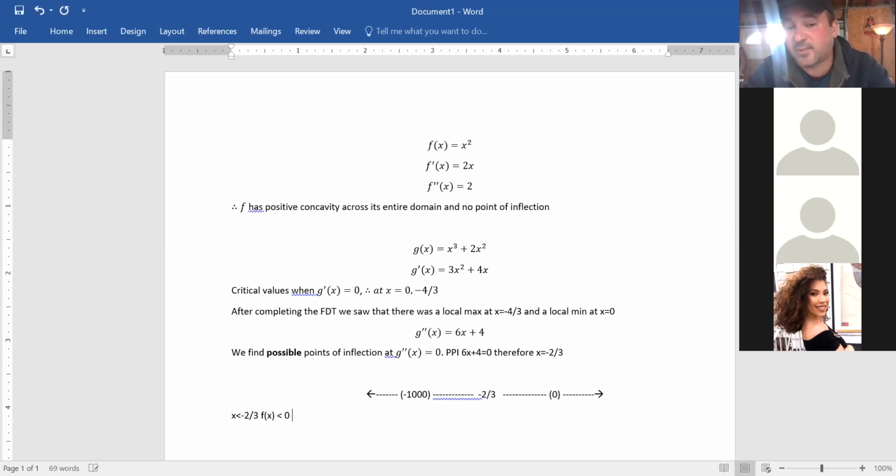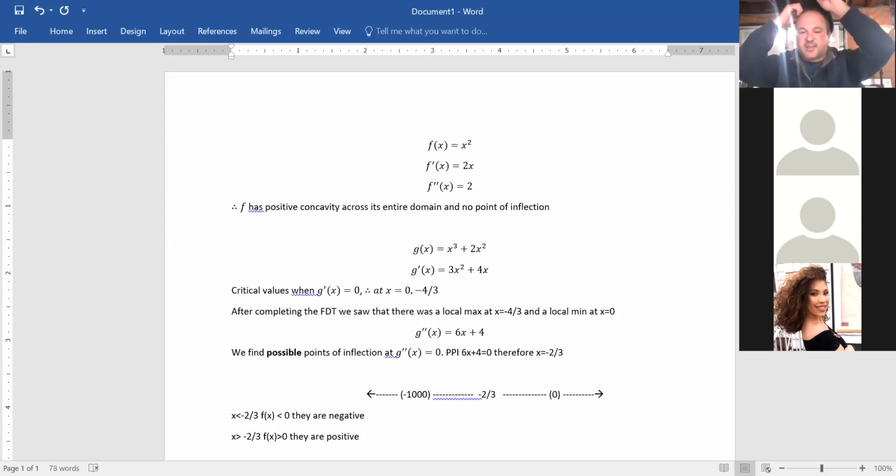They're negative. When x is greater than negative 2/3, so let's say 0, 6 times 0 is 0, positive 4. They're going to be positive. So then f double prime of x is greater than 0. They are positive.